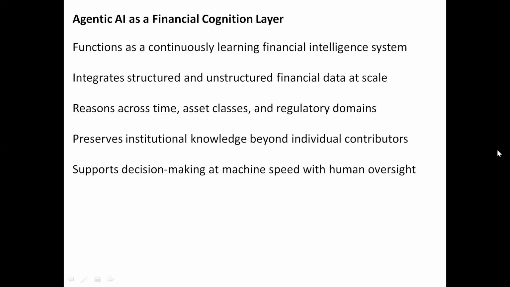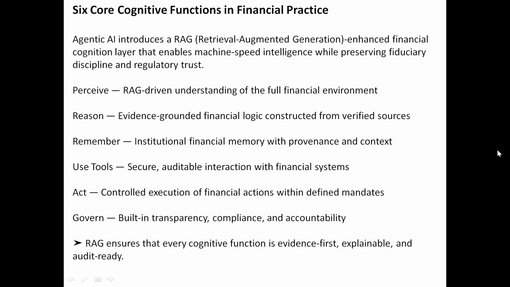Identity AI works as a financial cognitive layer. It functions as a continuous-learning financial intelligence system, integrates structured and unstructured financial data at scale, reasons across time, asset classes, and regulatory domains, preserves institutional knowledge beyond individual contributors, and supports decision making at machine speed with human oversight.